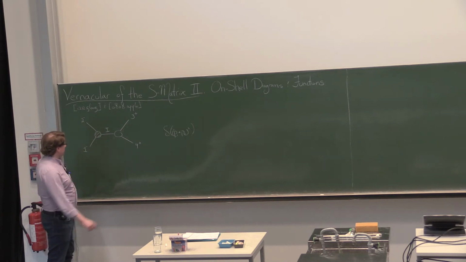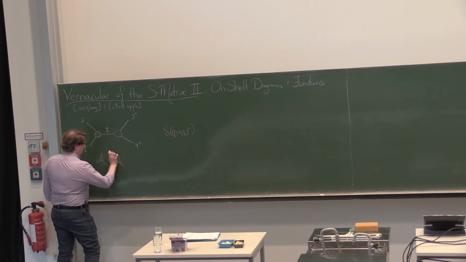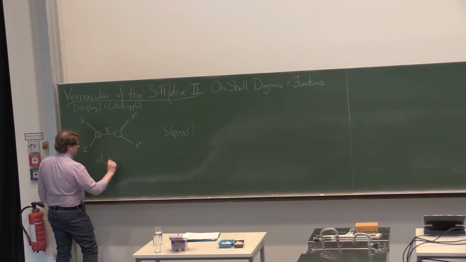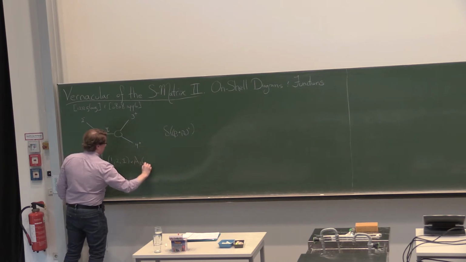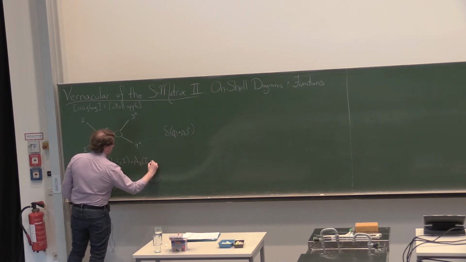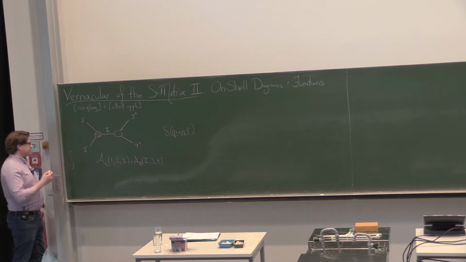So the meaning of this is really just A left times A right, and we can say A left is a function of P1, P2, and I, times A right, which is a function of I, 3, and 4. And we're going to integrate over the on-shell, the Lorentz invariant phase space.